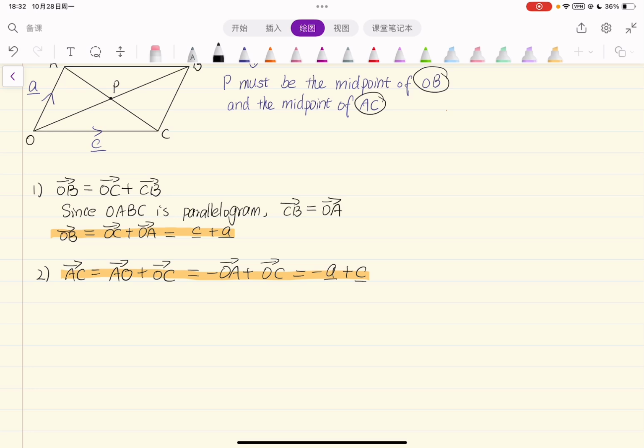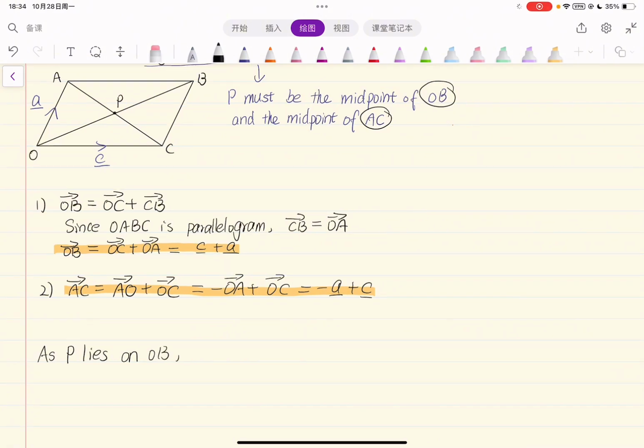Firstly, as P lies on OB, we have the vector OP equals lambda times the vector OB, which equals lambda times c plus a, where lambda is a constant.